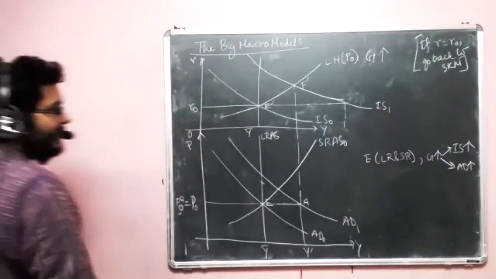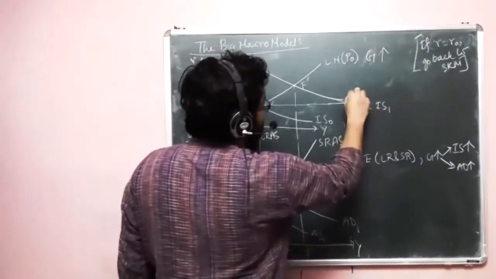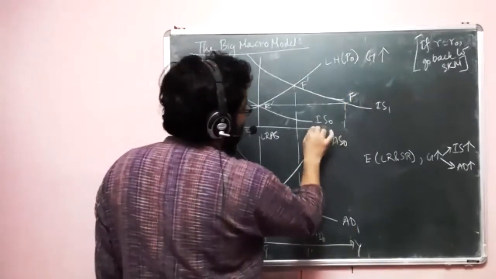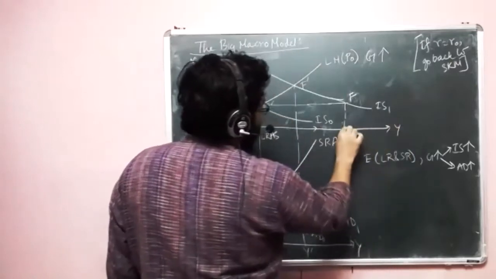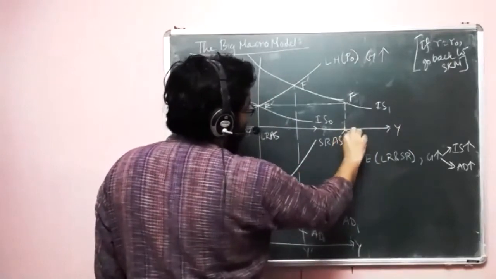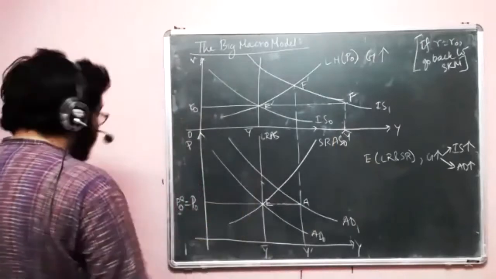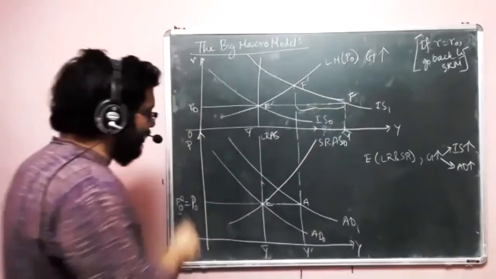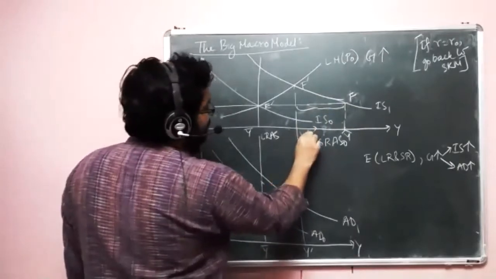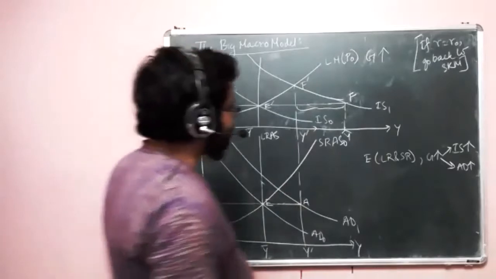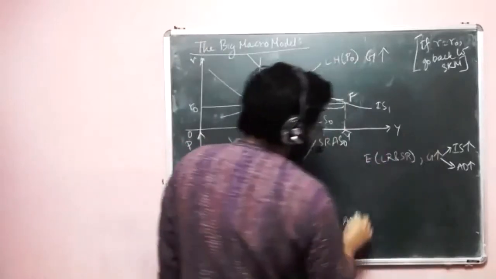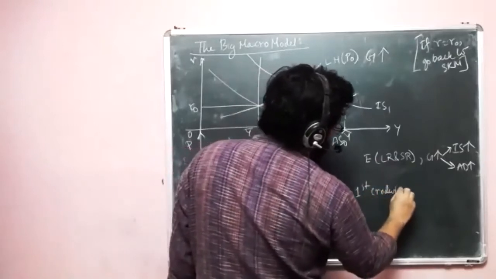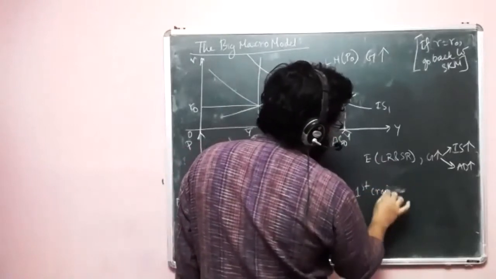What is important is that if I say that this is my F, and if I just extend it, and let's say this is Y cap or hat, whatever you say, this is the part where I have the first crowding out occurring. So we can write it like this. First crowding out. I wrote the long spelling, sorry.